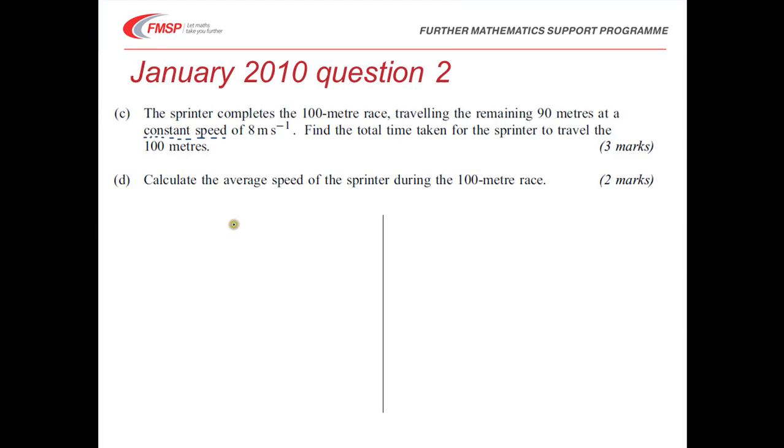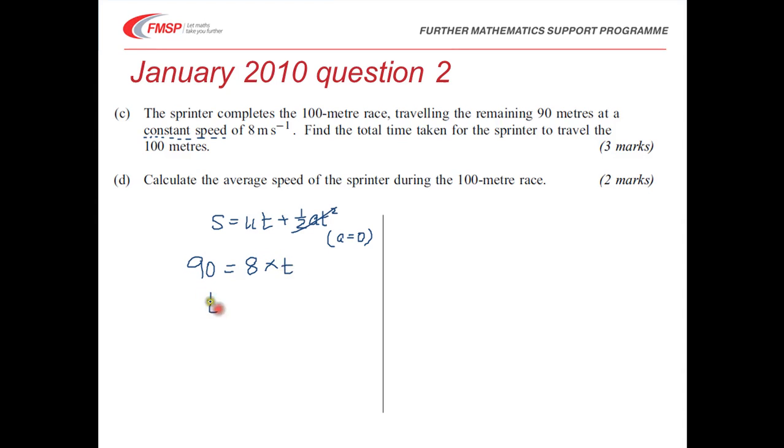So although we can think about using s equals ut plus a half at squared, if he's travelling at constant speed, then of course a is 0. We'll put that in brackets, so a is equal to 0, so we can effectively rule that out. We're told that we've run 10 metres already, so we've 90 metres left at a constant speed of 8.